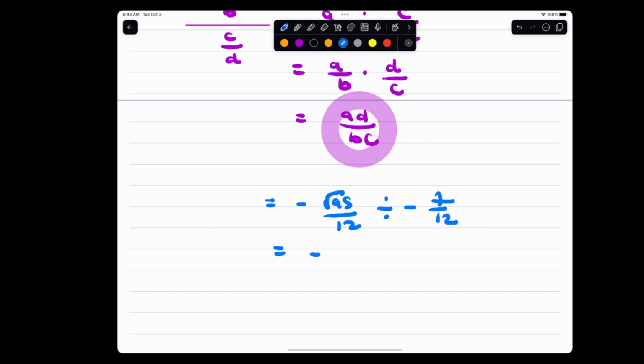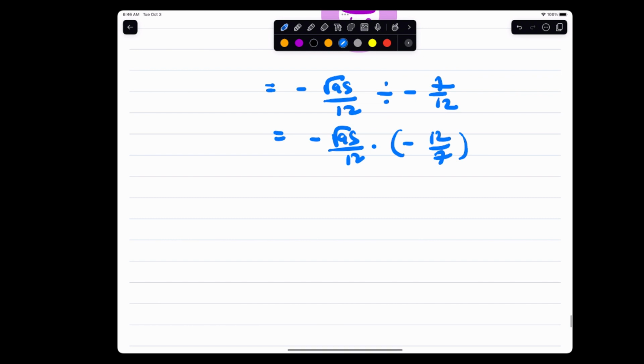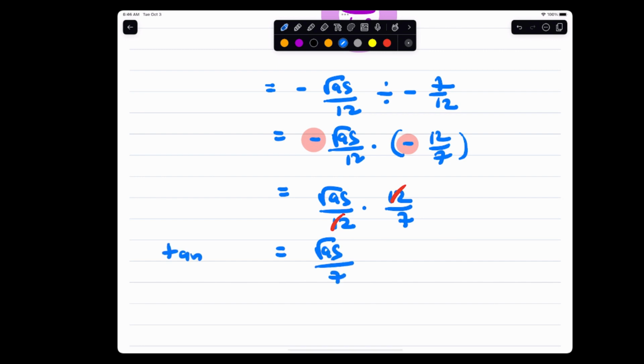Okay, so you keep the first fraction, you flip over the second fraction. Negative times a negative is going to be positive. And what do you have now? Square root of 95 over 12 times 12 over 7, and you're going to get the nice cancellation here. So you're going to have now tangent, ladies and gentlemen, and we're going to leave it at that. Square root of 95 over 7 is tangent theta.